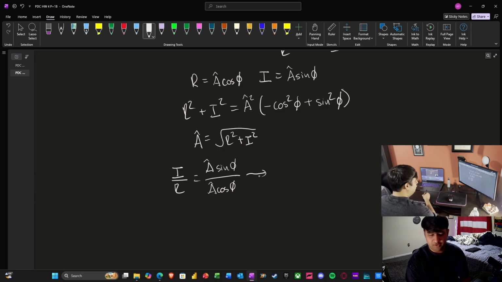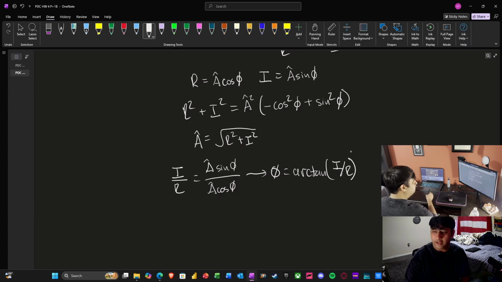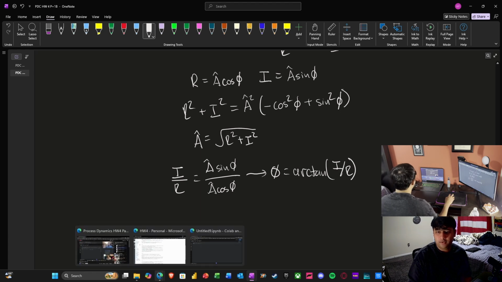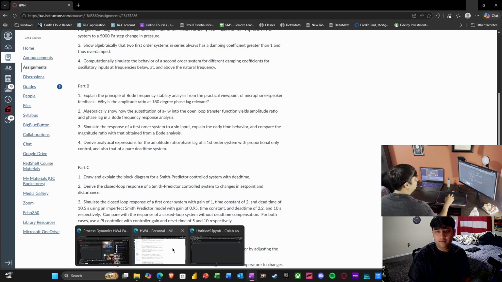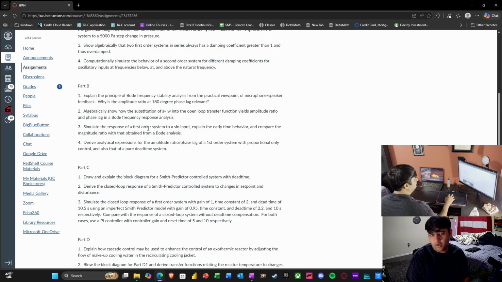And this is just stating what phase lag is, essentially. So it is the arctangent of I over R, and that actually concludes the second part of B, or part B. So now we're going to move on to Colab, where I believe we're going to be simulating the response of a first order system to a sine input.